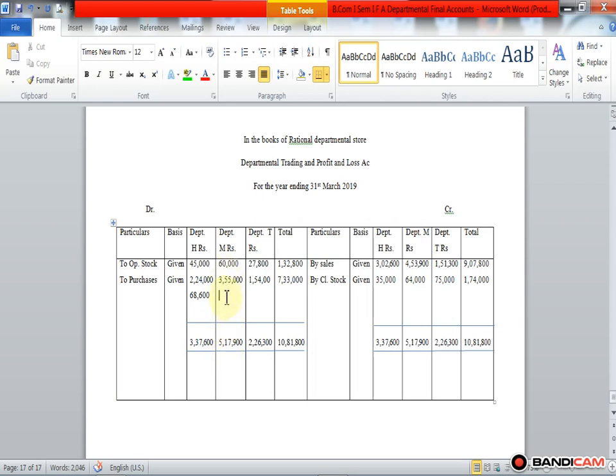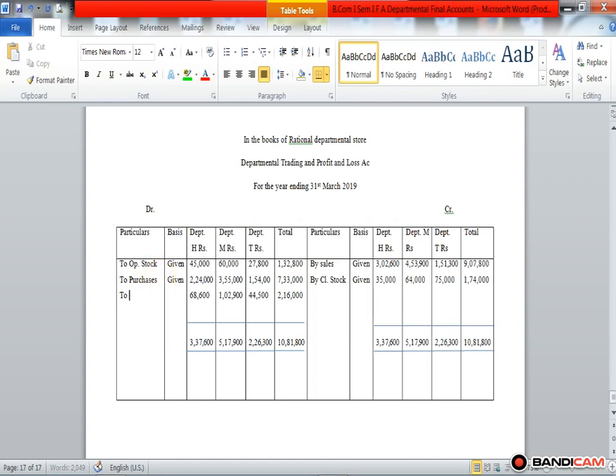Difference of Department M is 1,02,900 and 44,500 is the difference of Department T. The total difference is 2,16,000. So we find out the gross profit of Rational Departmental Store.